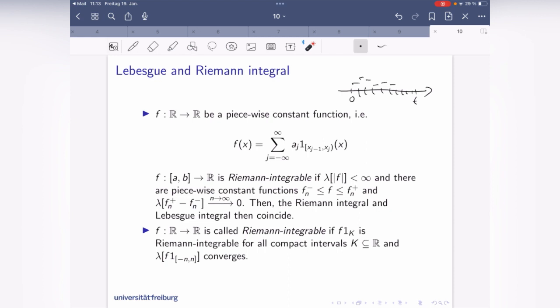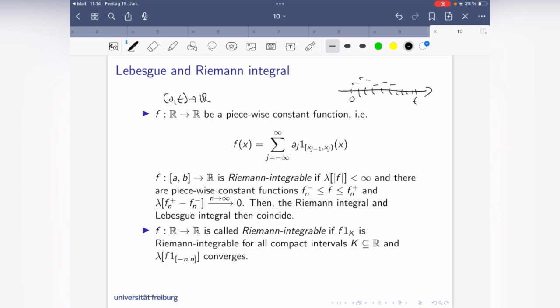And sometimes for the Riemann integral, you are even a bit more general. Here, we do not consider functions from R to R, but for example from 0 to t to R, and then continue and so on.